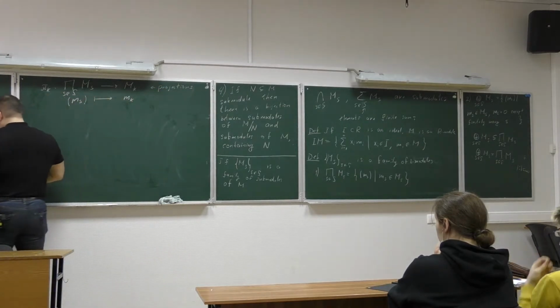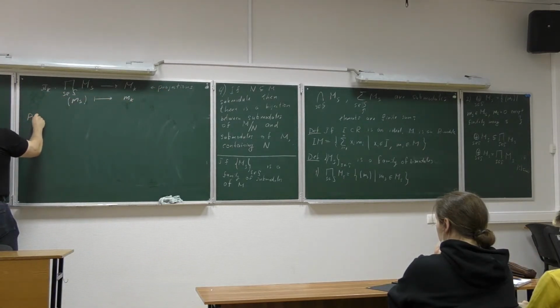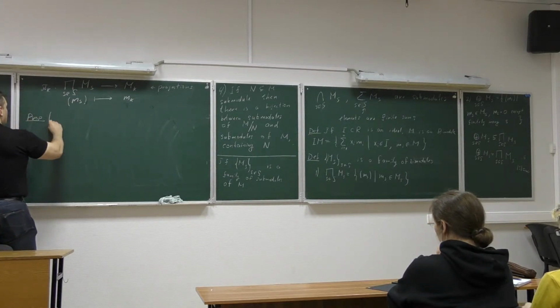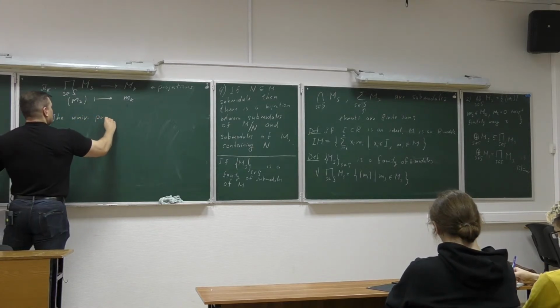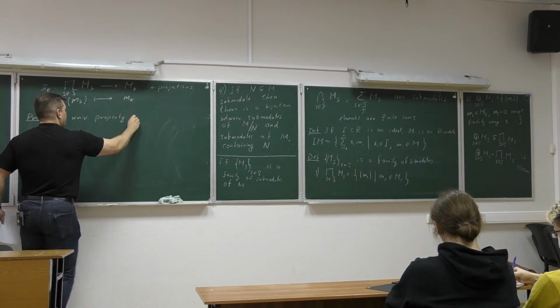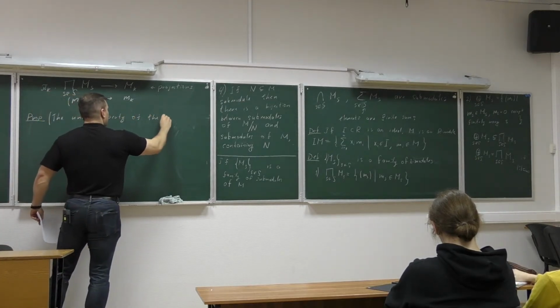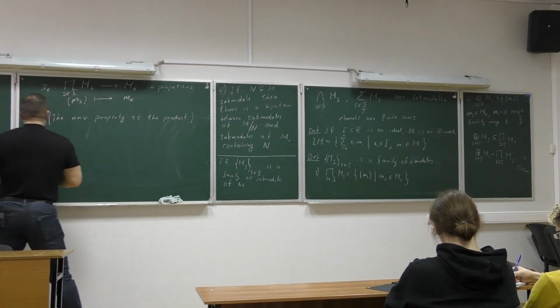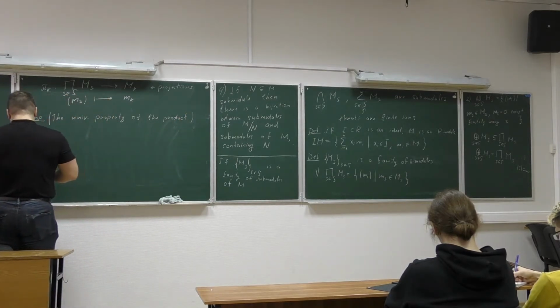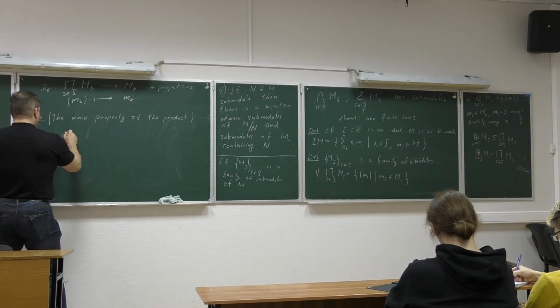And using these projections we can formulate and prove the universal property of the product. So let's call this the universal property of the product. And it tells us the following, that we have the isomorphism.